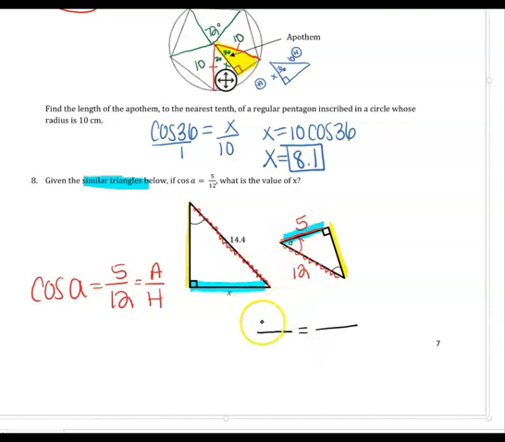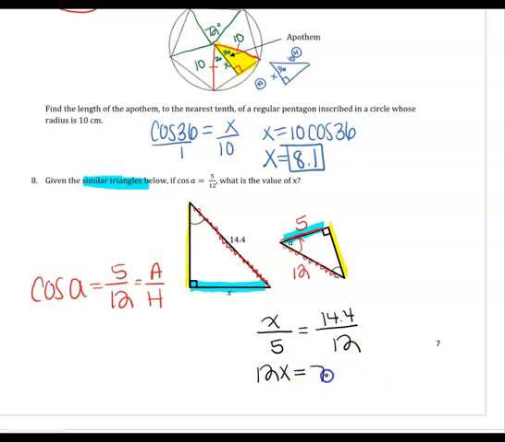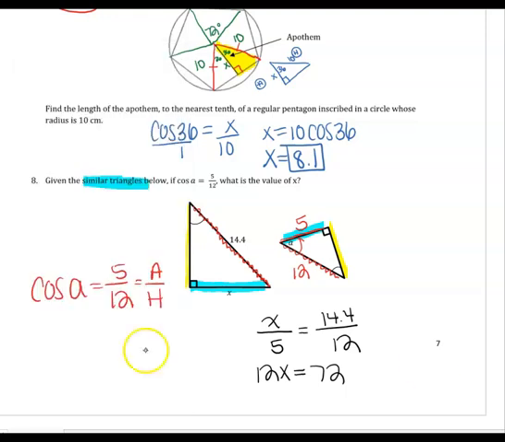Blue is to blue, so x is to 5, as red is to red, so 14.4 is to 12. So blue is to blue, as squiggle is to squiggle. If I cross multiply, I'm going to get 12x equals 5 times 14.4. So 72. If I take 72 and divide by 12, x equals 6 is my final answer.